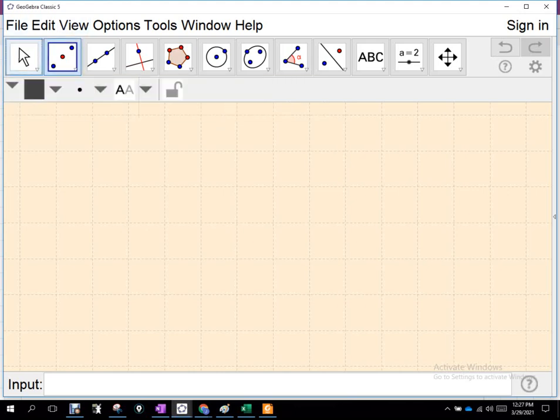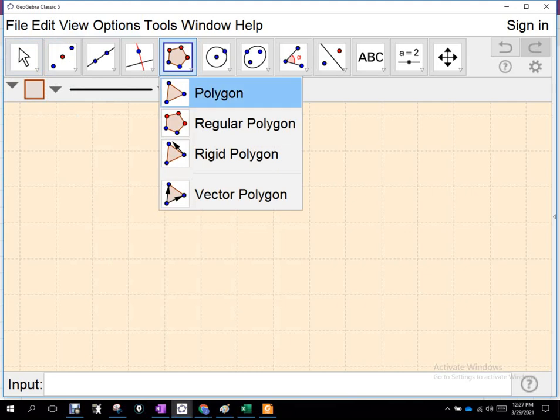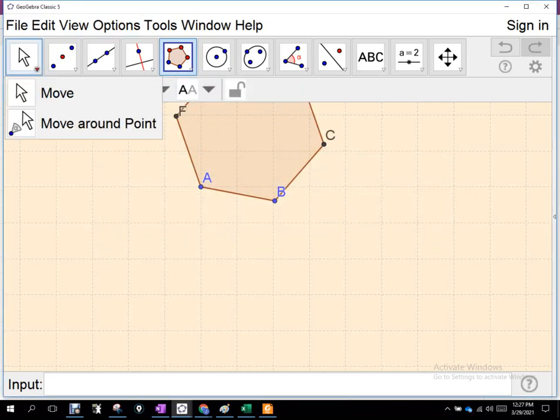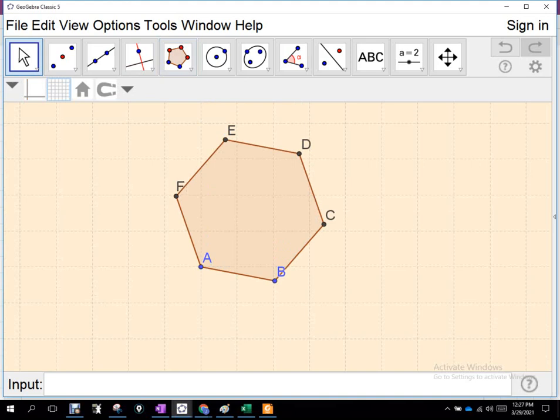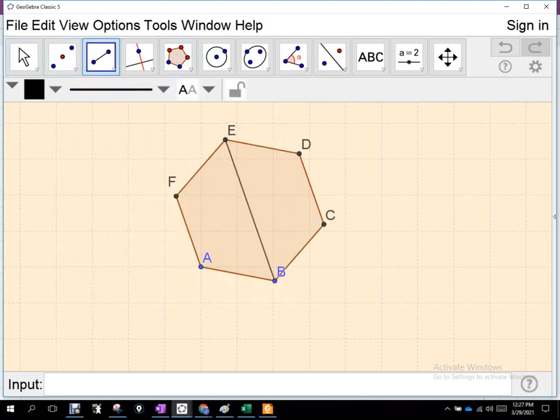If we use a hexagon, might be able to show some of these relations a little bit better. So with a hexagon, the way I find the center is to take some diagonals. Do you agree all the diagonals here are concurrent? They all intersect at one point. For a heptagon, they would not do that.